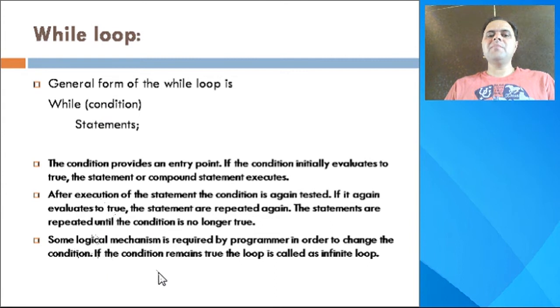Some logical mechanism is required in the program in order to change the condition. If this condition remains true forever, then this loop will go on executing an infinite number of times. We will say that this is an infinite loop. So at a particular time, this condition should become false, and the loop should be terminated.